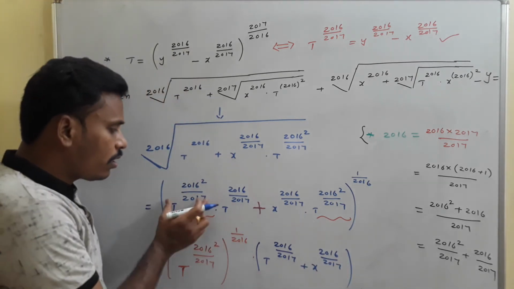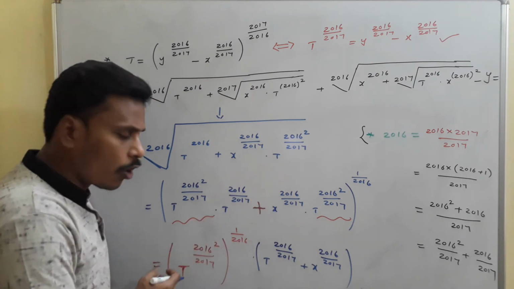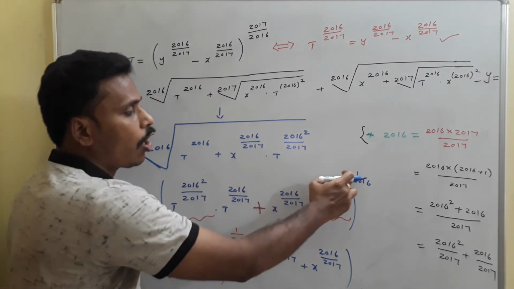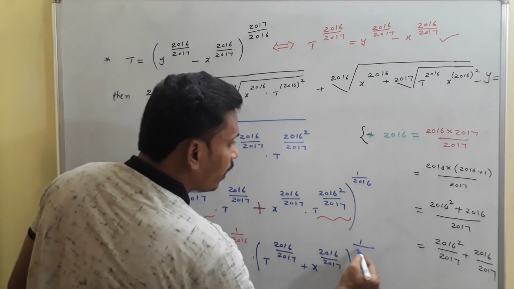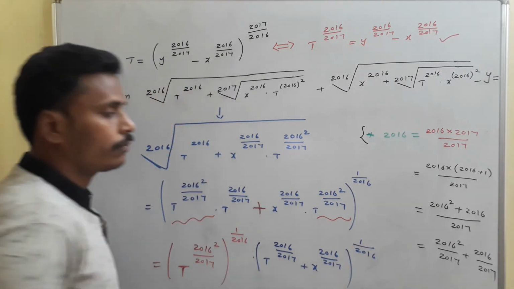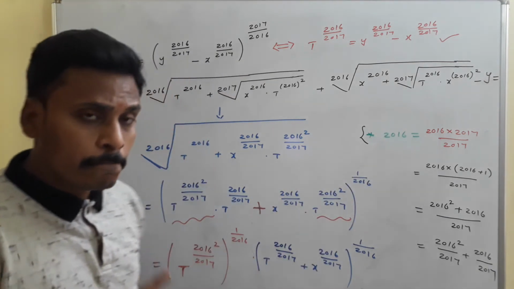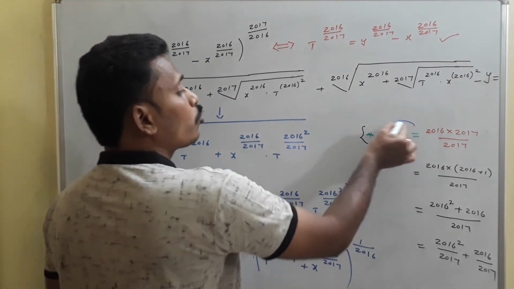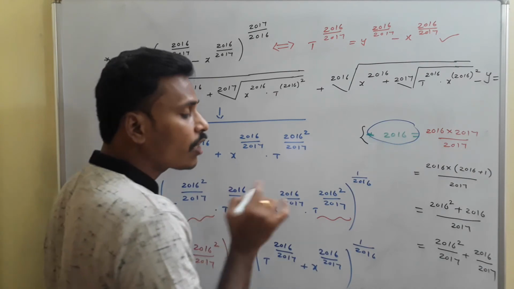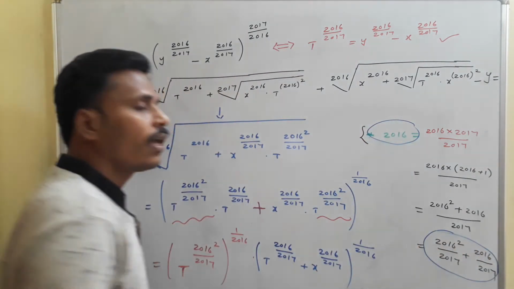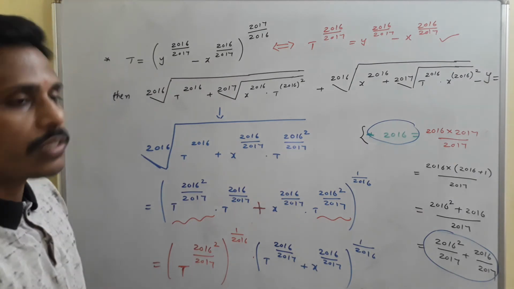Why? Because see, this is the common thing which we pick out, and now here we have t power something and x power something along with this 1 by 2016. Is it right? So I will erase this for the space concern. You just observe this 2016 is equal to this 2016 square by 2017 plus 2016 by 2017.